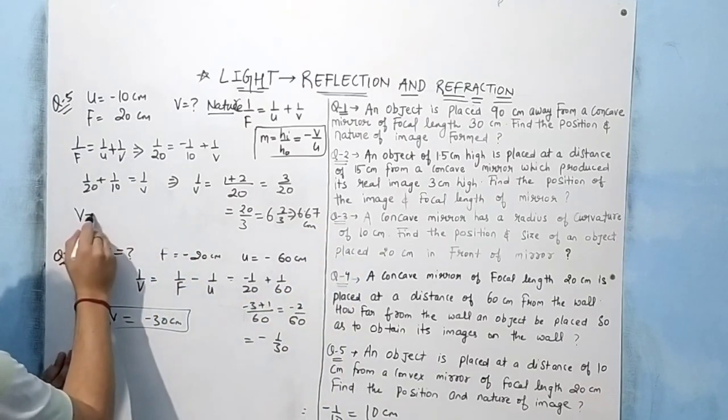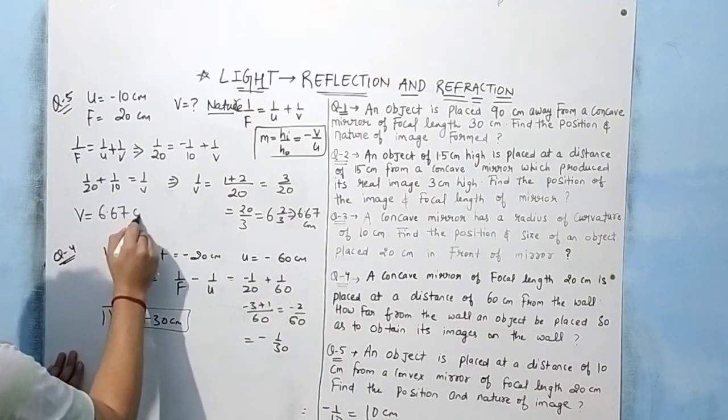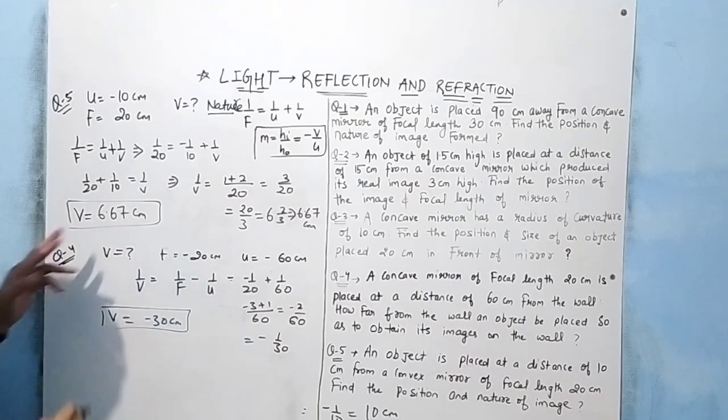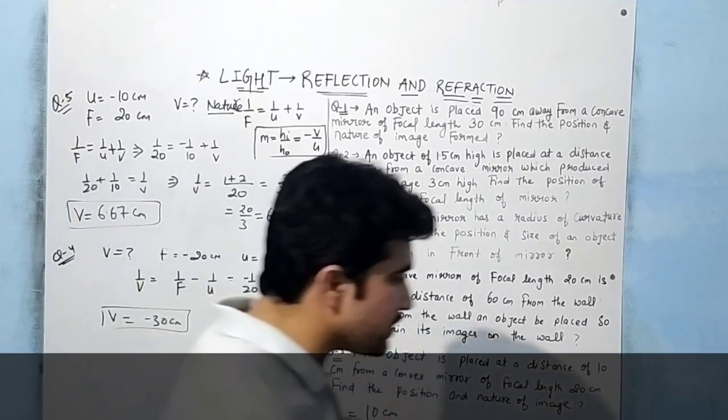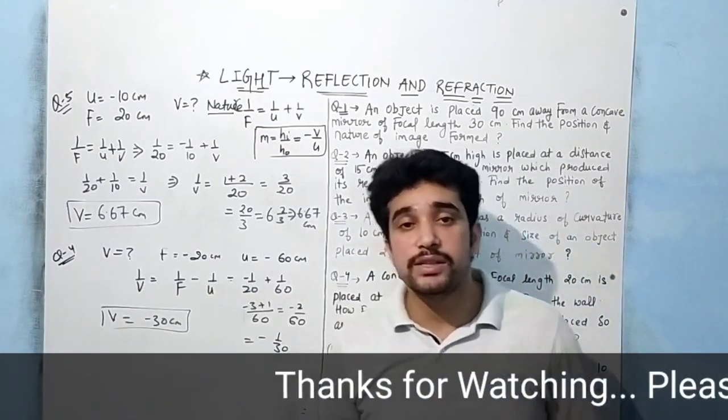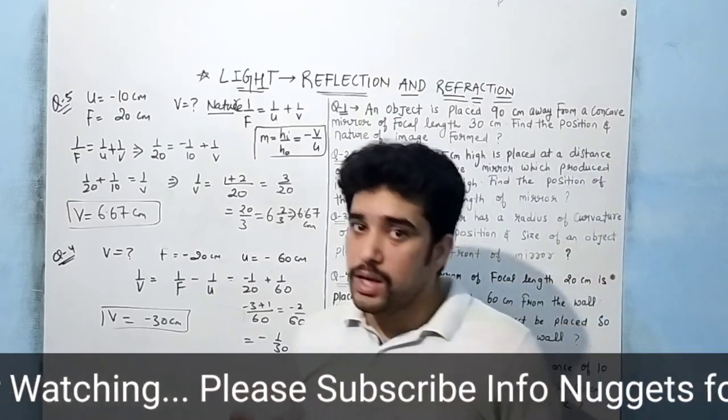So the value of V is 6.67 centimeter, and it is always a positive sign. Which implies that the nature of the image is virtual and erect.